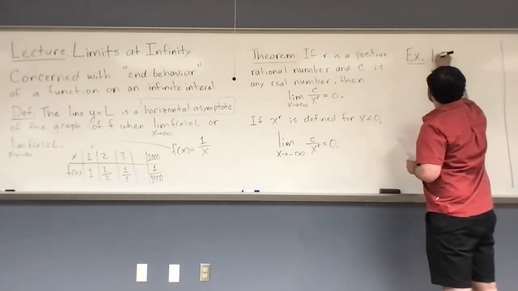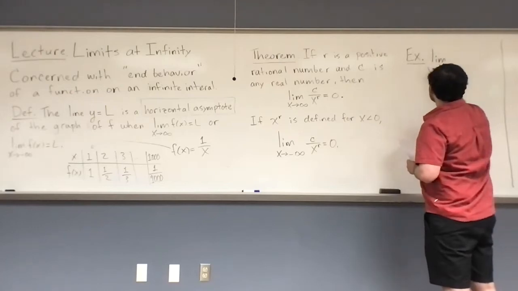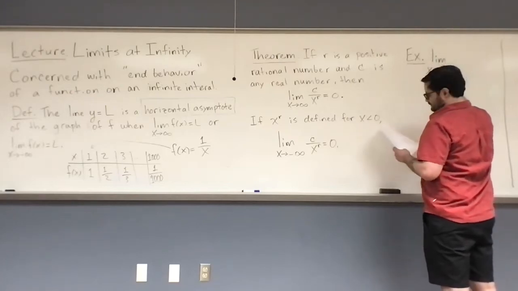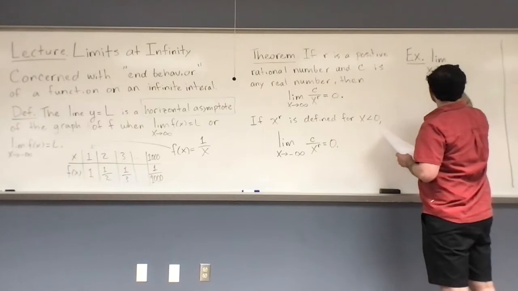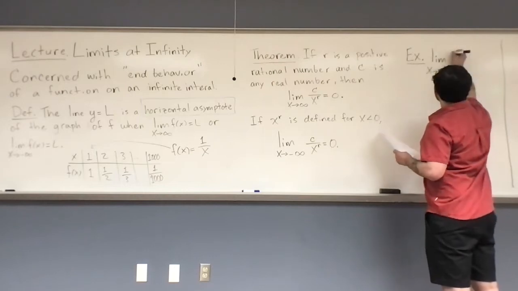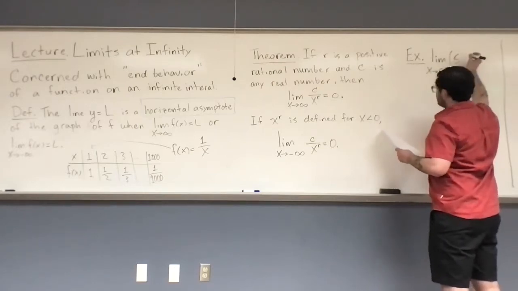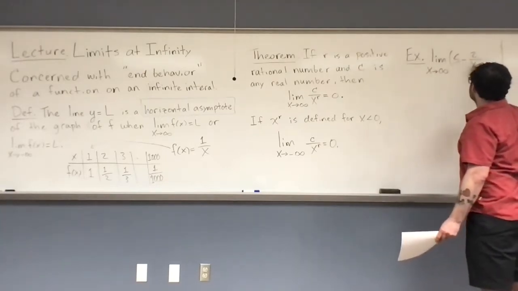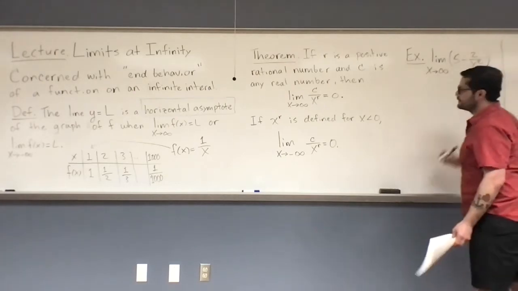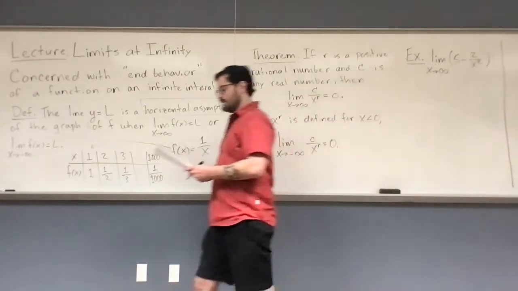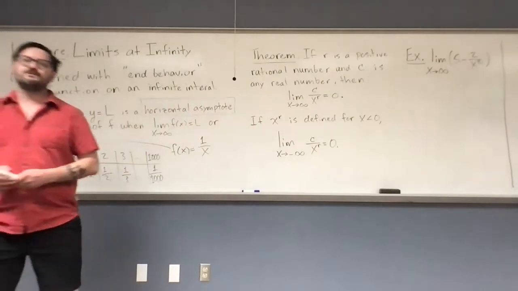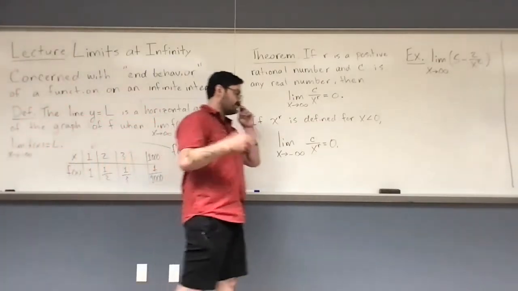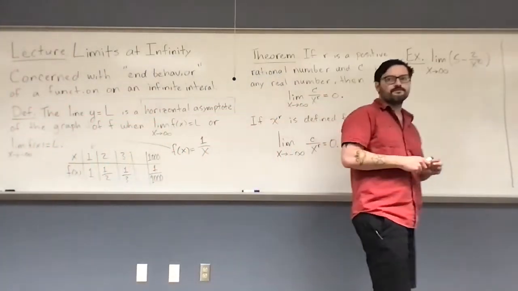Let's look at the limit as x approaches infinity of 5 minus 2 over x squared. I didn't mention it, but we did discuss this when doing limits earlier in the semester.